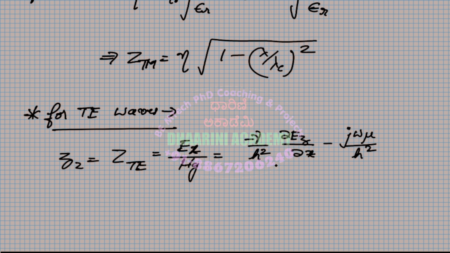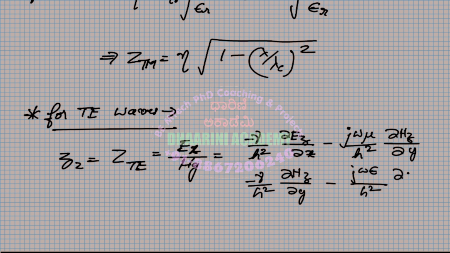That's the numerator term. Denominator will be minus gamma by h square into dou Hz by dou y minus j omega epsilon divided by h square into dou Ez by dou x. Okay, so what is for a TE wave?